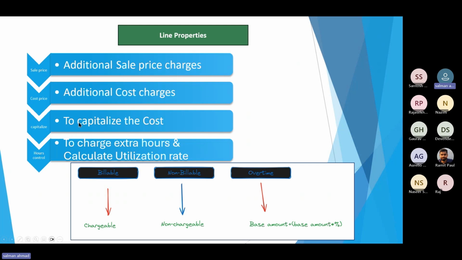But for the investment project and fixed price project, we also have specifically this capitalization option. Let's say we have posted 100 hours onto some project. Our internal team has worked on, let's say, a project for asset maintenance, so our in-house team is working on that maintenance.